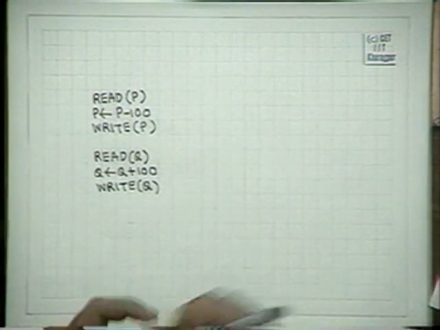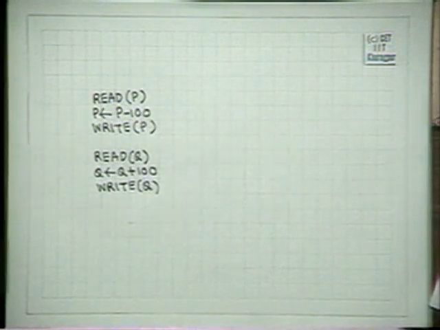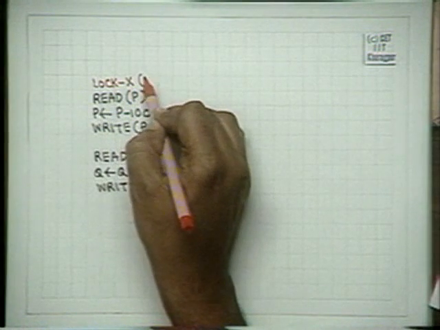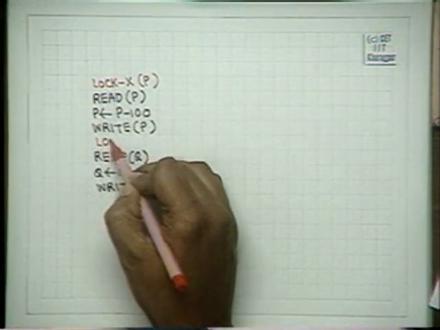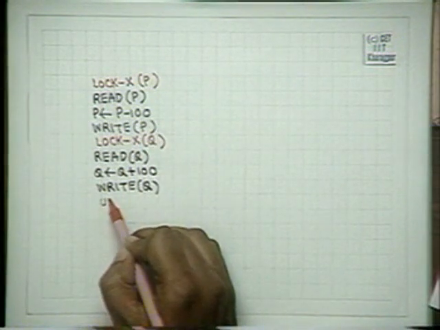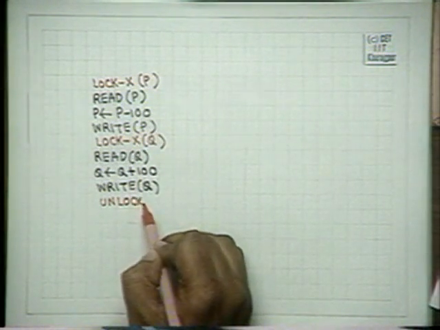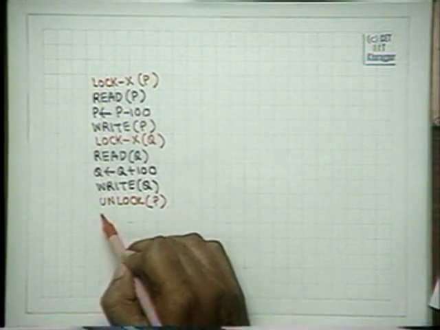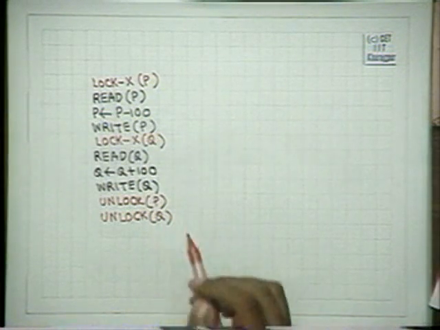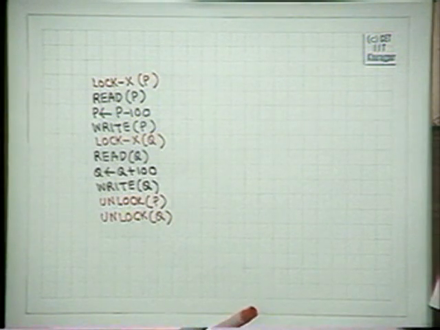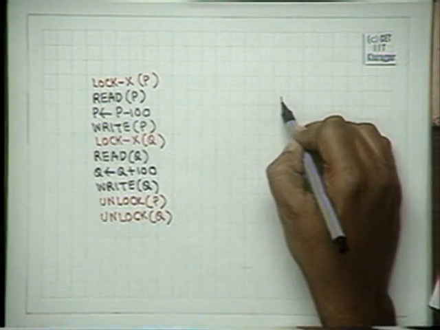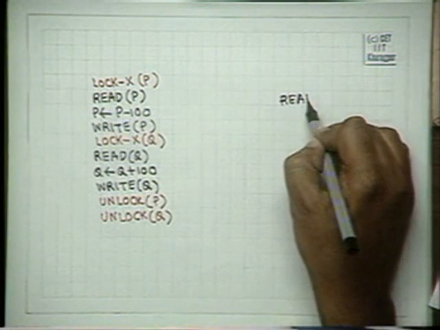Here we do whatever we were doing. And here, let the program be same, we just change our lock functions.